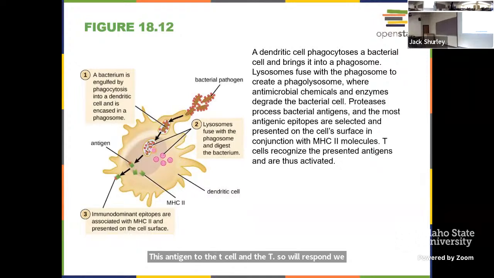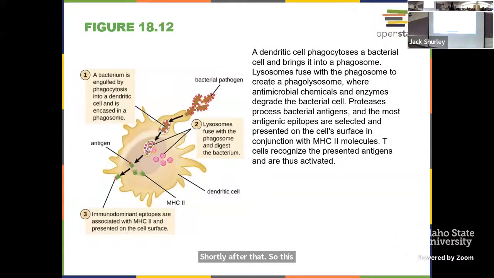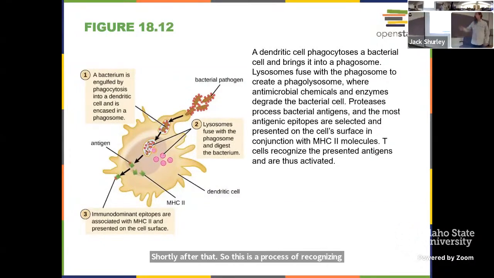So this is a process of recognizing and then showing or presenting what we have found as being foreign. That stimulates a whole slew of cells to come in and start dealing with things, more than just T cells that want to make some of these initial recognitions.